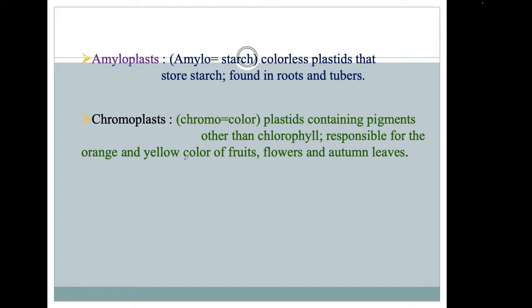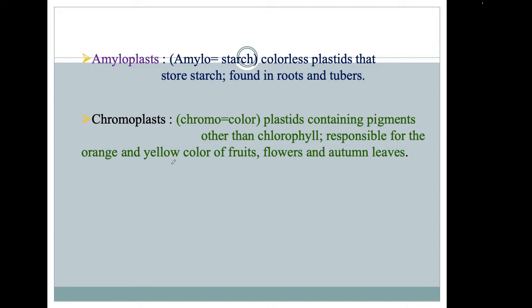Then what about the chromoplast? Chromo means color. Plastids with orange, yellow, and red pigmentation are known as chromoplasts. They occur in the cells of petals, pericarp, leaves, seed coats, tubers, and roots.